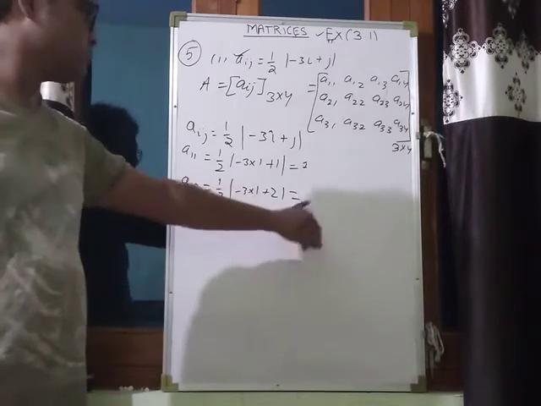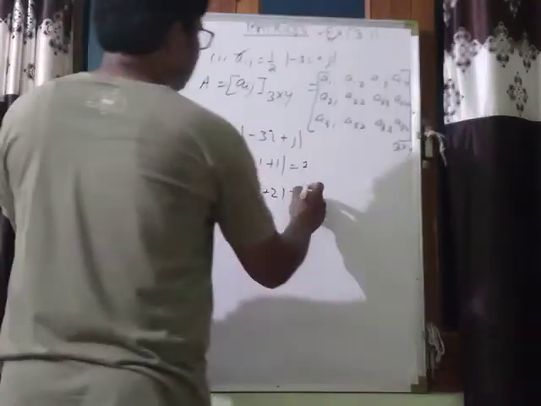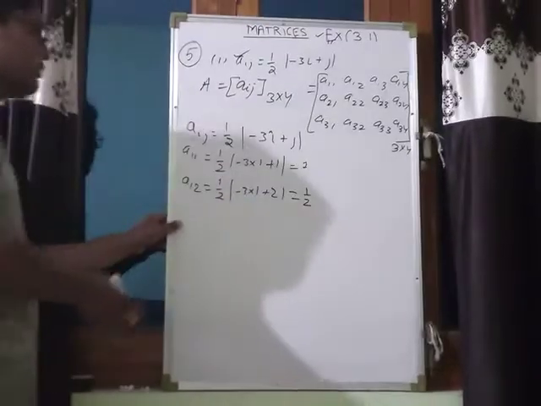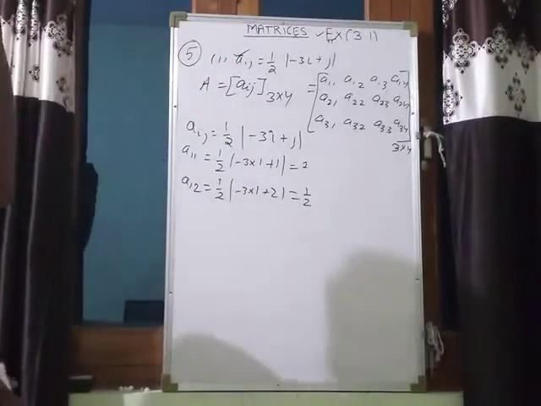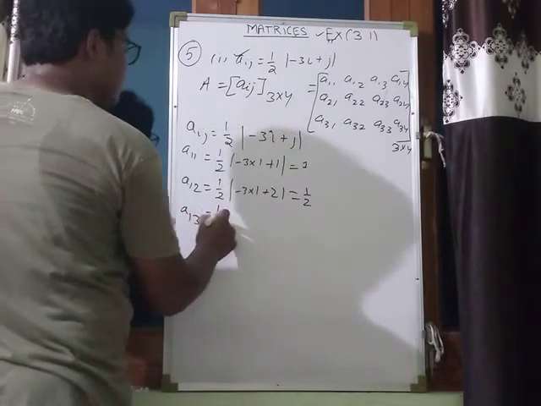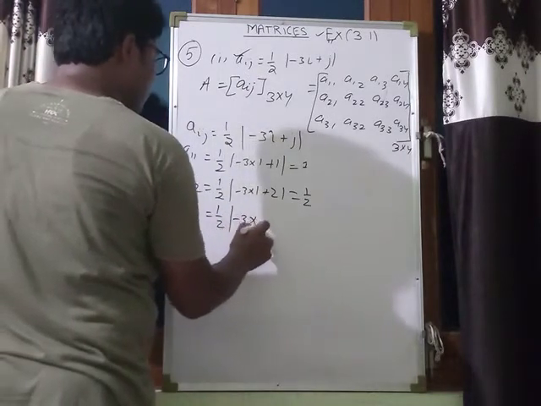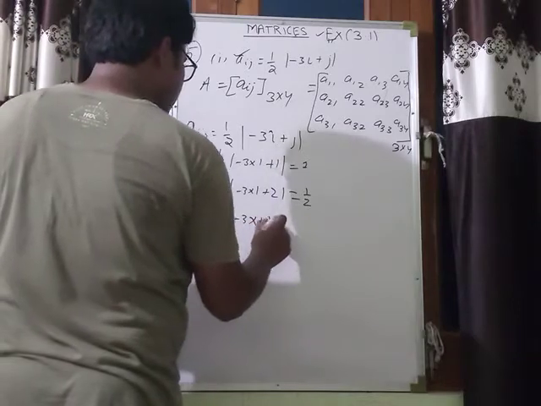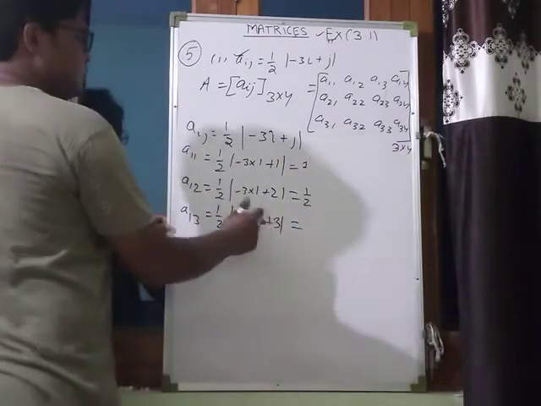Mod of minus 1 is 1, so 1 by 2. In this way we will find each entry of this matrix. A13 is 1 by 2 mod of minus 3 into 1 plus 3, that will be 0.